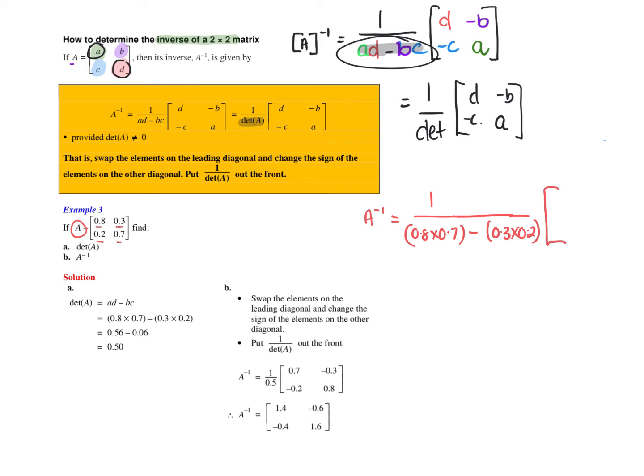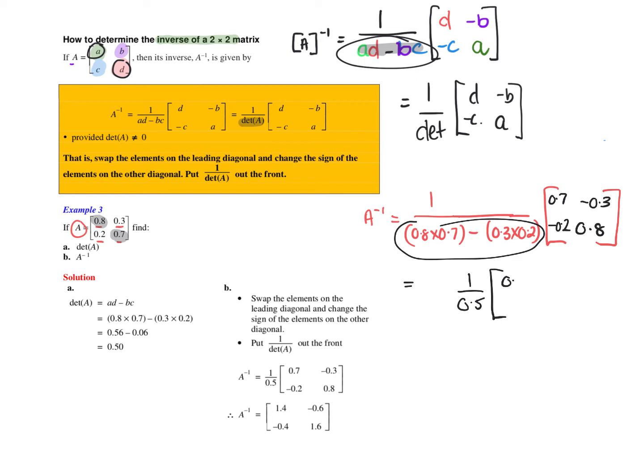Now we're going to change these around, swap the spots, so we end up with 0.7 up there and 0.8 down here, and then we make the other ones negative 0.3 and negative 0.2. If we calculate this number, we end up with 1 over 0.5. So we're just simplifying that down.